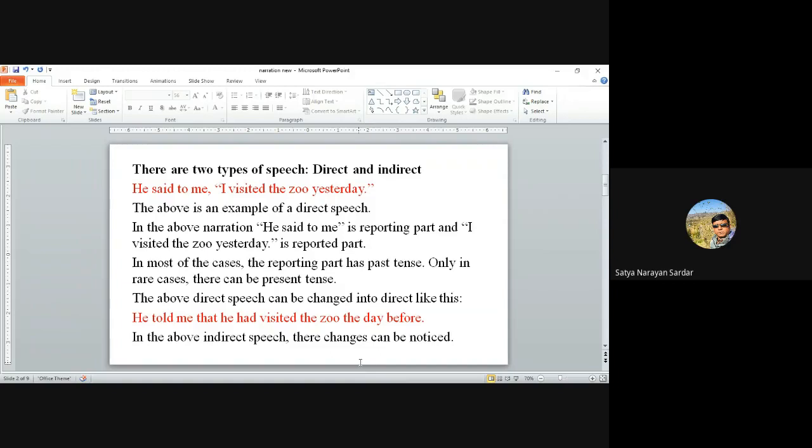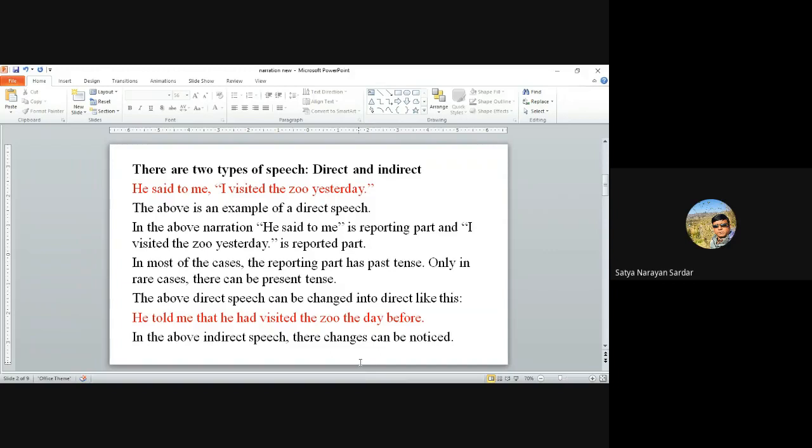So, the given statement can be changed into indirect speech like this: He told me that he had visited the zoo the day before.